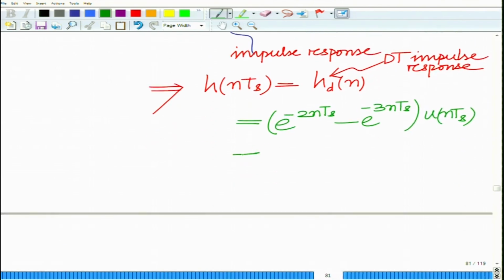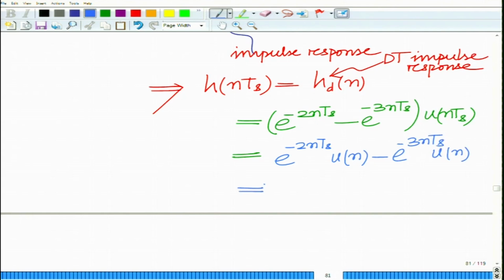So, this is basically e raised to minus 2nTs u(n) minus e raised to minus 3nTs u(n).